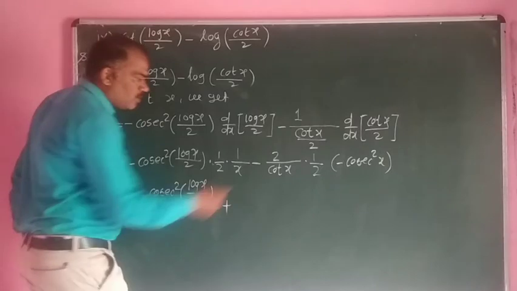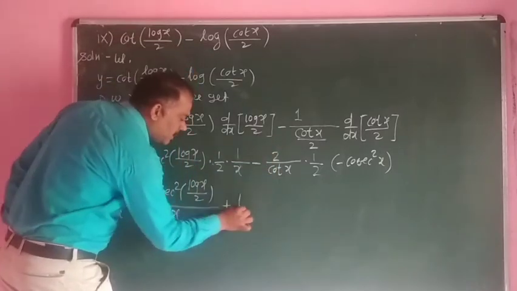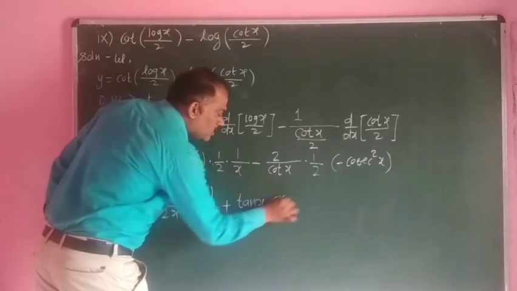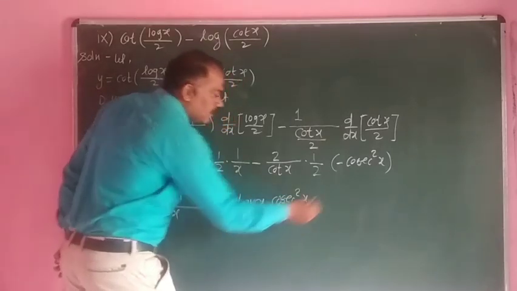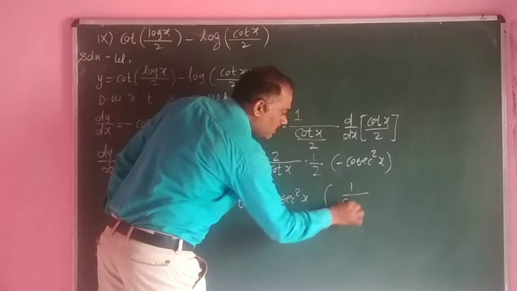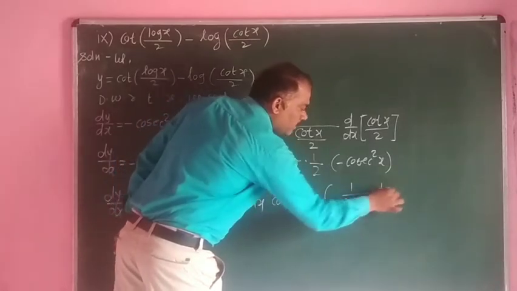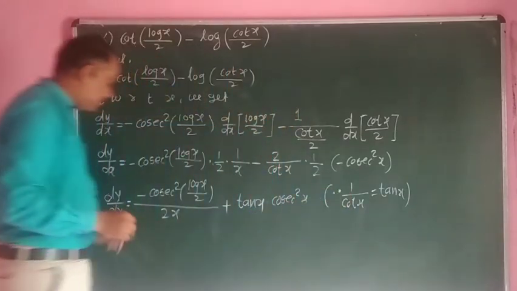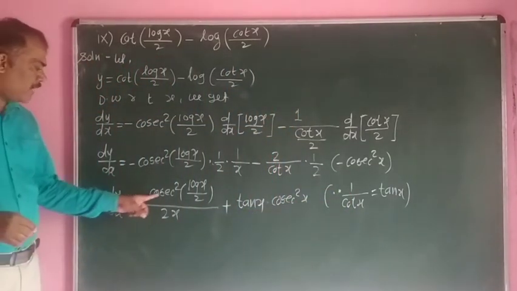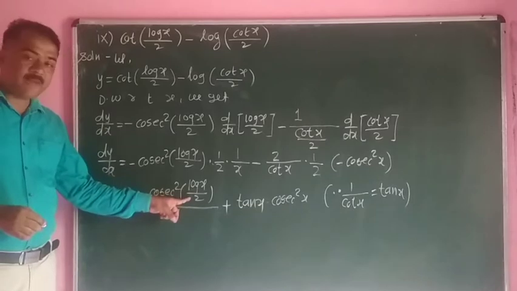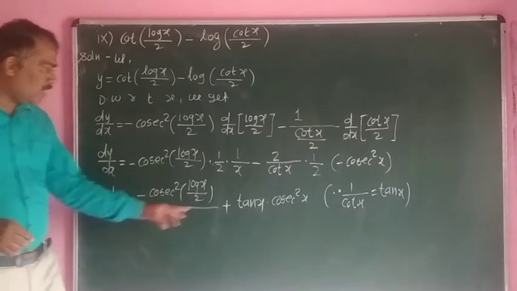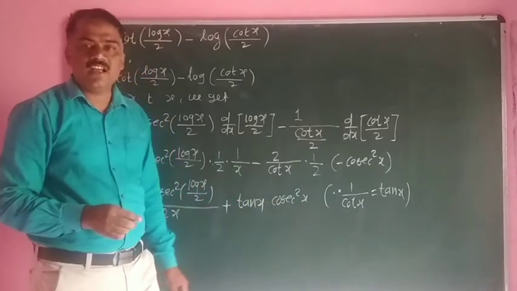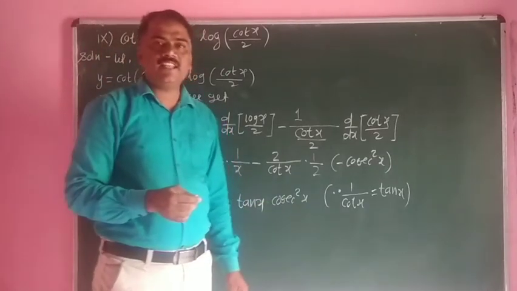Also, 1 upon cot x is tan x, so we get tan x into cosec square x. Since 1 upon cot x is equal to tan x, dy by dx is equal to minus cosec square of log x by 2 divided by 2x, plus tan x into cosec square x, which is the required answer. We have to discuss the next example.